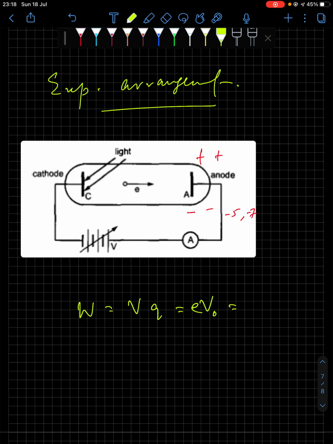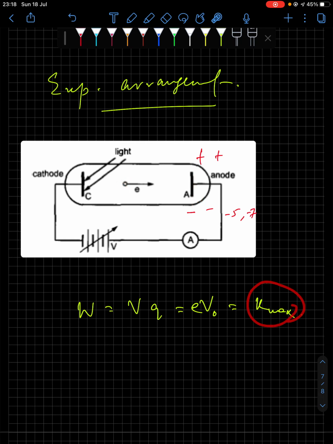Since no current reaches here, this work done is equal to the maximum kinetic energy of the approaching electrons. Therefore you write eV naught equals K max, the maximum kinetic energy of these electrons. When this maximum kinetic energy is balanced by this negative work, only then do the electrons not reach the collector plate.